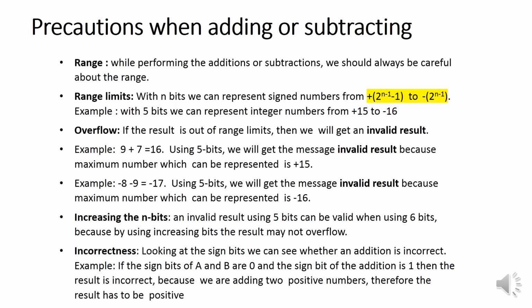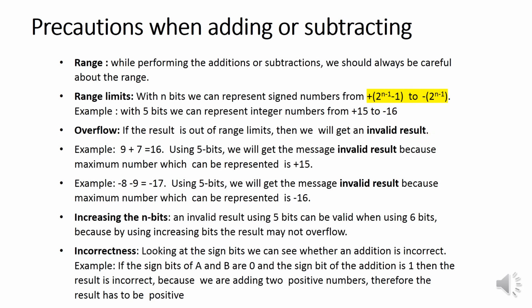With n bits, we can represent signed numbers from plus 2 to the n minus 1 minus 1 to minus 2 to the n minus 1. Example, with 5 bits, we can represent integer numbers from plus 15 to minus 16. If the result is out of range limits, we will get an overflow, and we will get an invalid result.